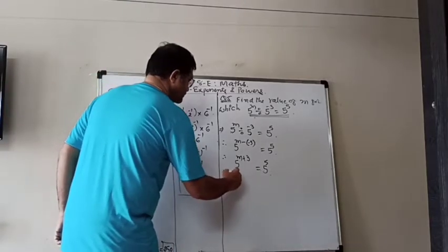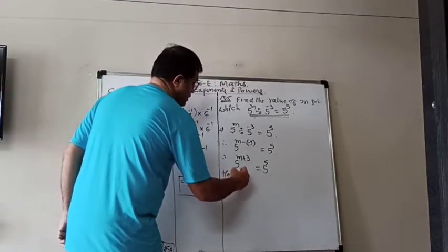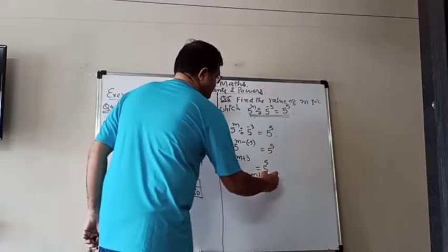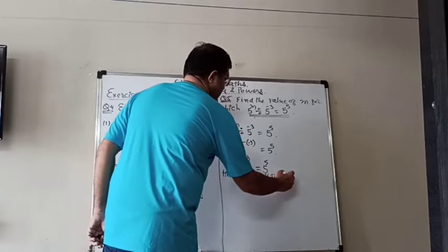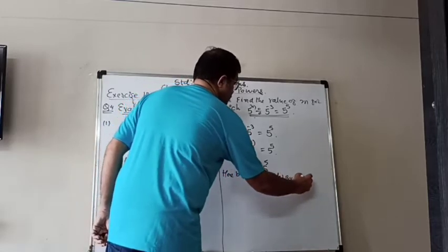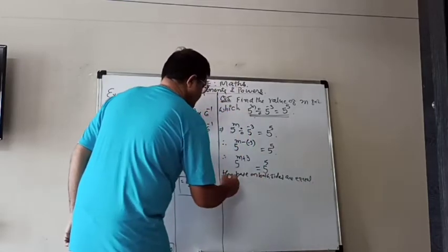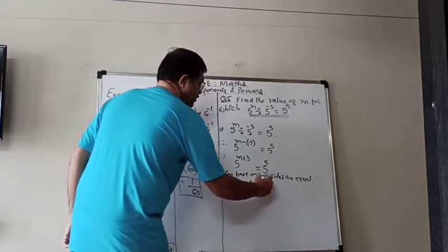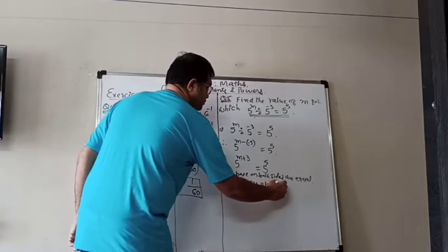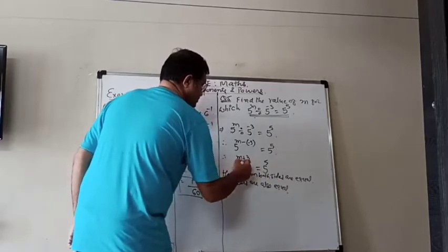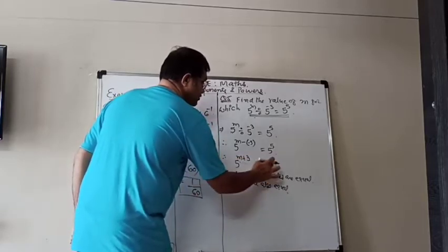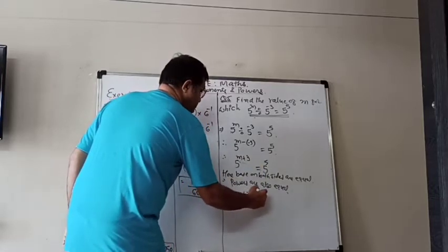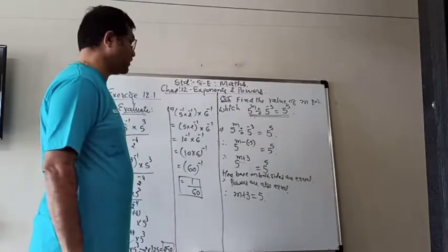So here bases on both sides are equal. Therefore powers are also equal. It means that this m plus 3 is equal to 5. So now it is easy.